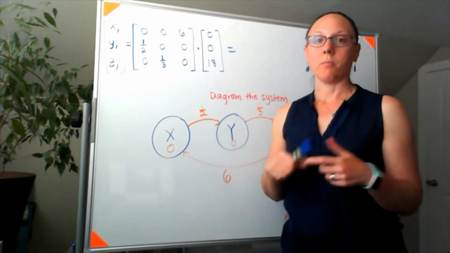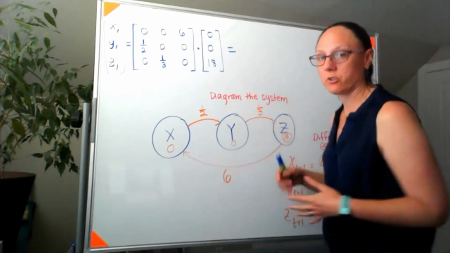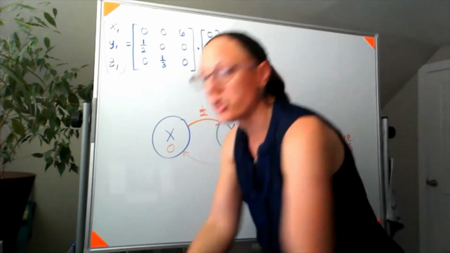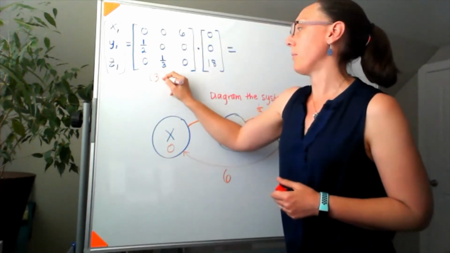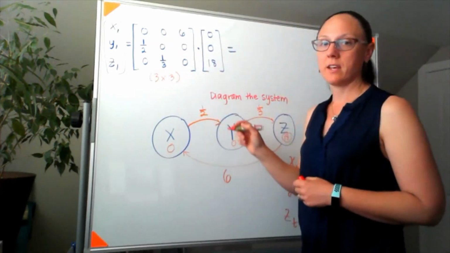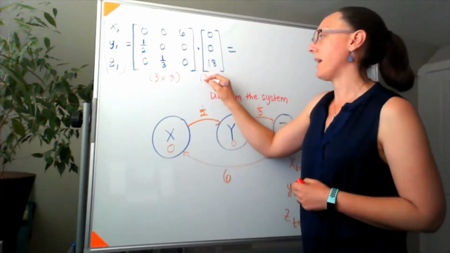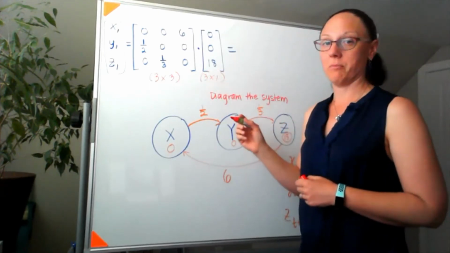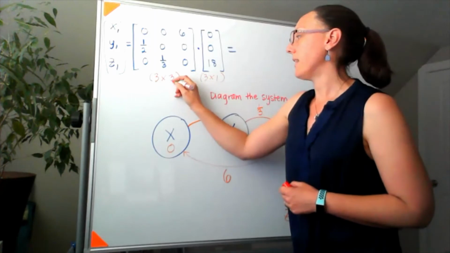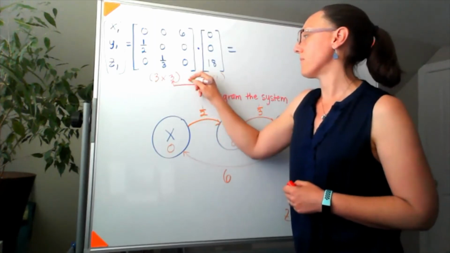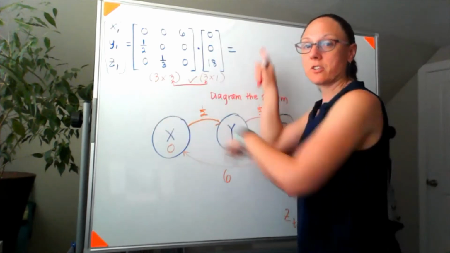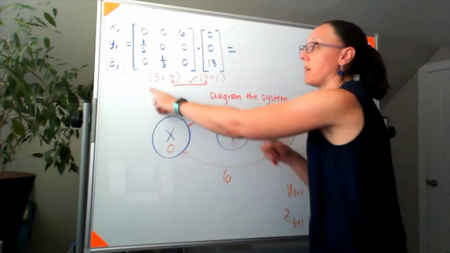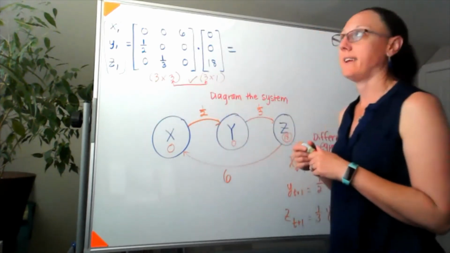So we're going to do some quick matrix multiplication. So let's check our dimensions. Right now, this is a 3 by 3 matrix, and I'm about to multiply it by a 3 by 1 column vector. The inner dimensions match, so we know that we're able to do the multiplication, and the outside dimensions are going to give my answer. It should be a 3 by 1 as an answer.